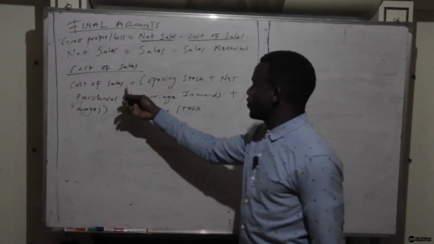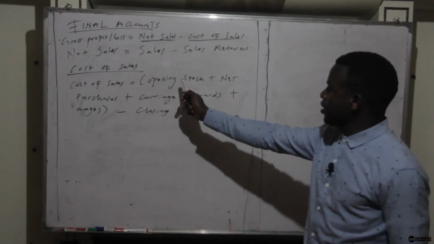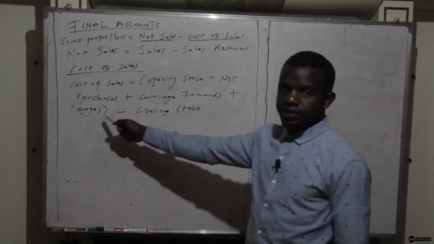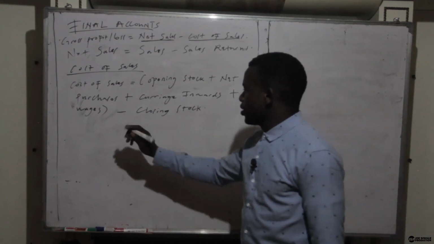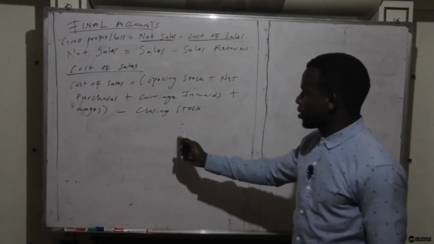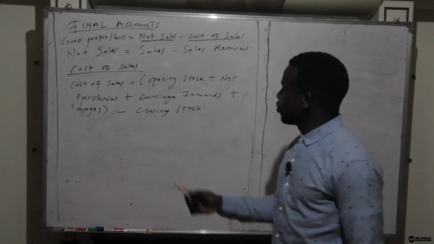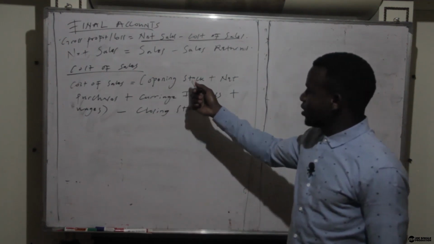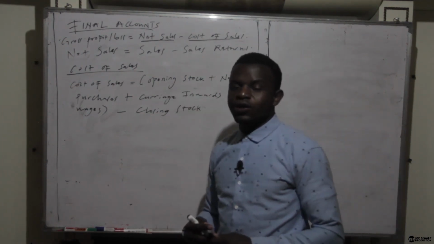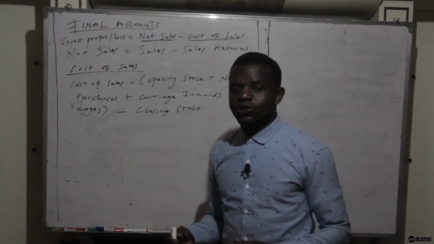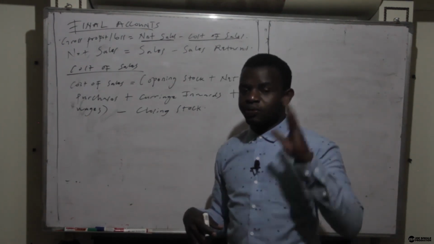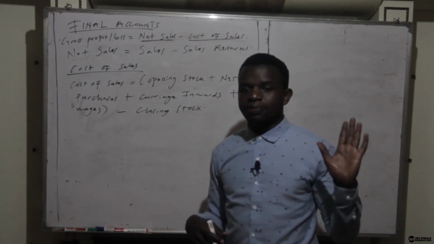So cost of sales is equal to open bracket opening stock plus net purchases plus carriage inwards plus wages close bracket minus closing stock. For the opening stock, this is the value of stock that the business brings forward to the current period from the previous accounting period.